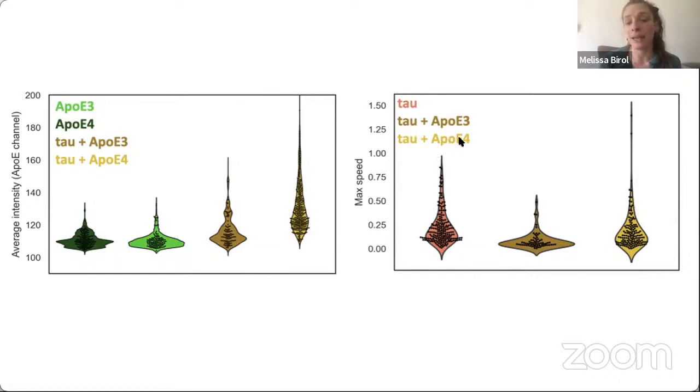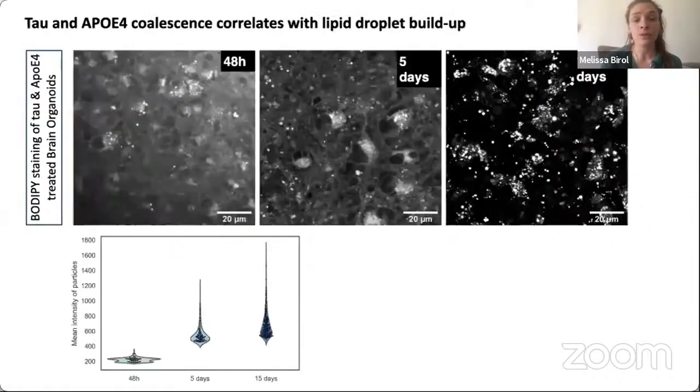And also the dynamics is changing, where we see that ApoE3, which, just to remind you, we think is of a more protective nature compared to ApoE4, is less dynamic compared to ApoE4 plus tau in the neurons. And what we've noticed over time is this: here I'm showing you organoids that have been incubated with both tau and ApoE at 48 hours, 5 days, and 15 days.